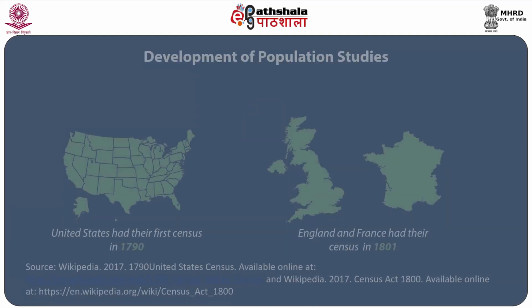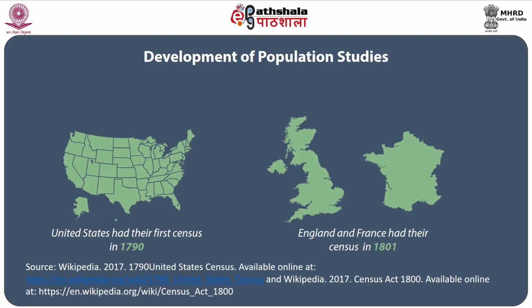Some countries have taken interest to enumerate all citizens in the country, what is called a census. The USA had its first census in 1790 and England and France in 1801. Thus, population data are available for further study and analysis.